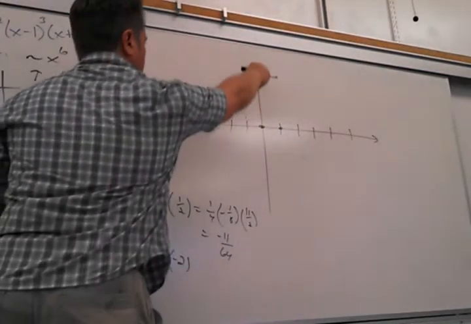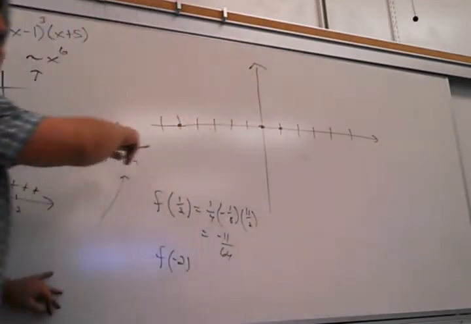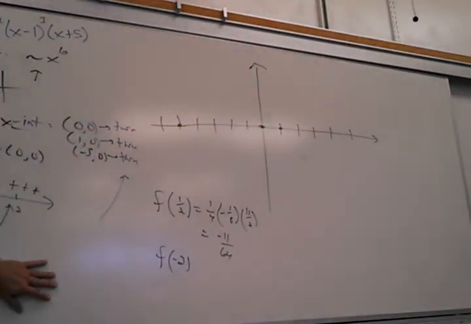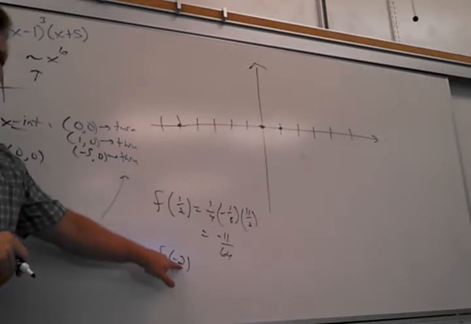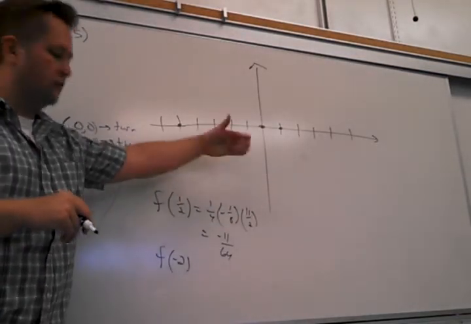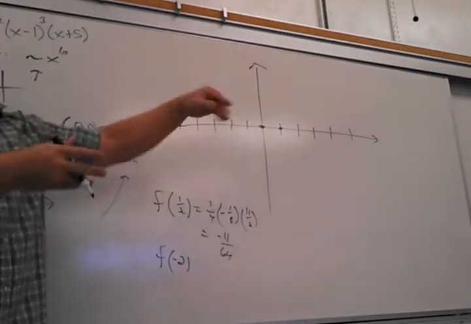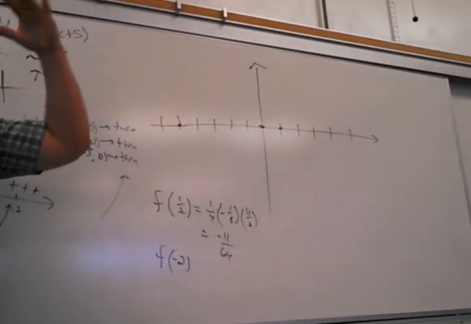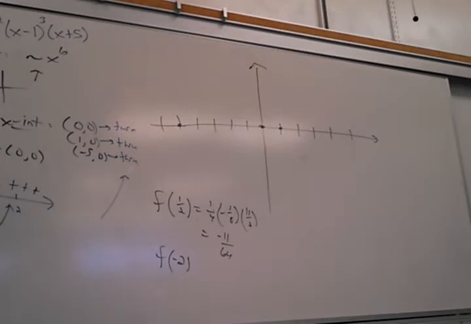And then if I plug in negative 2. Do you notice how I haven't done a thing for the scale here? You didn't notice it? Because you don't know yet. If I plug that in and it's 80, that's going to inform me what I want my scale to be. If I plug it in and it's 2, I'm going to make my scale much different, right? I want to get some idea of the outputs for these extreme areas that'll help me figure out my scale.